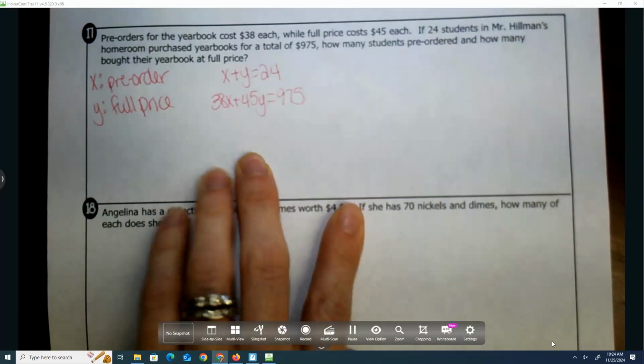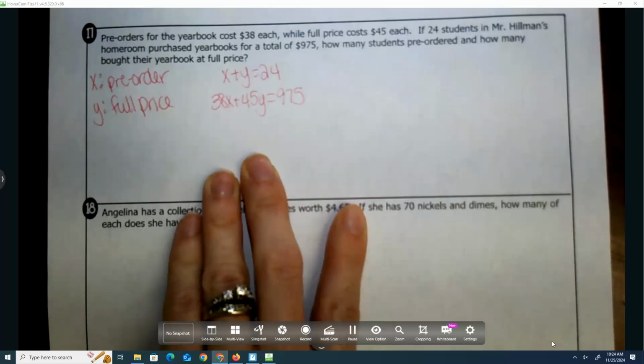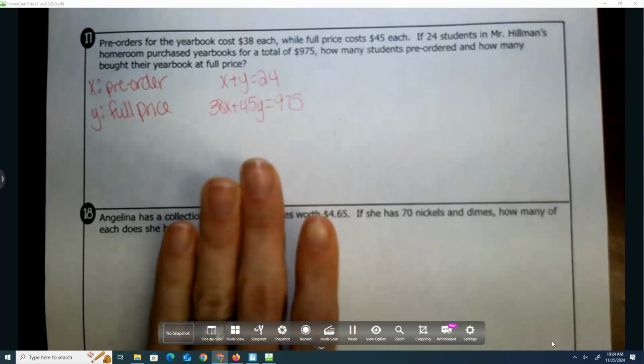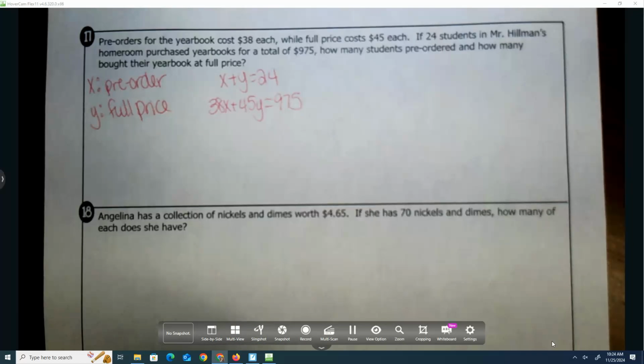All right. Now I have to solve them. Let's say I wanted to cancel out my x. Kale, what would I have to multiply by to get my x's to drop? If I want to eliminate my x, what am I going to have to multiply the first one by?